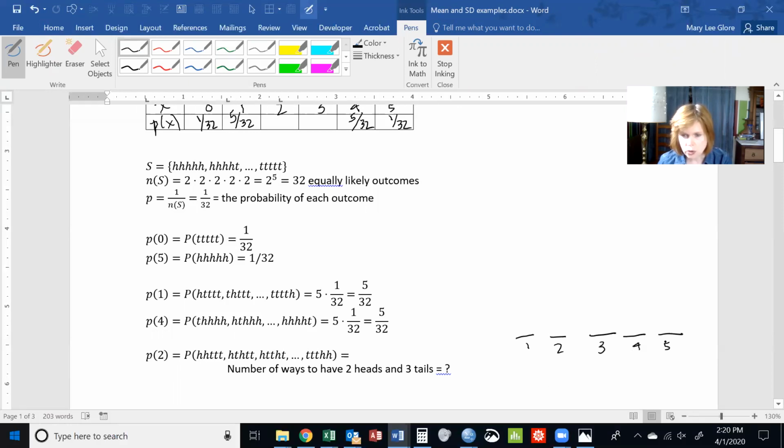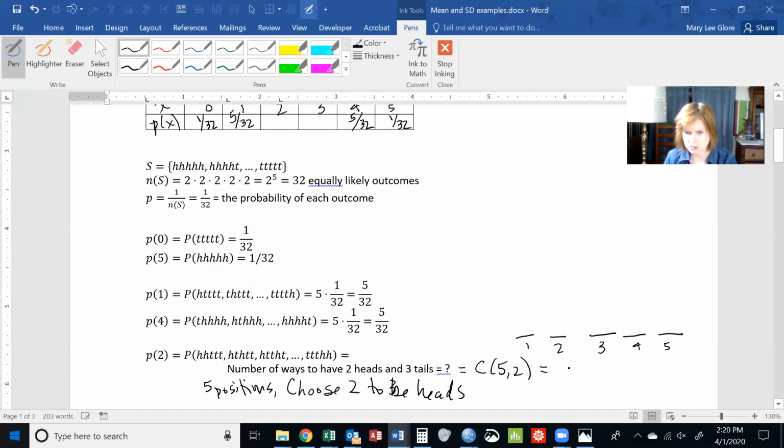So I want 2 of those to be heads and the rest tails. So this is like a combination. I've got 5 positions, and I want to choose 2 of them to be heads. So that number is a combination of 5 choose 2.